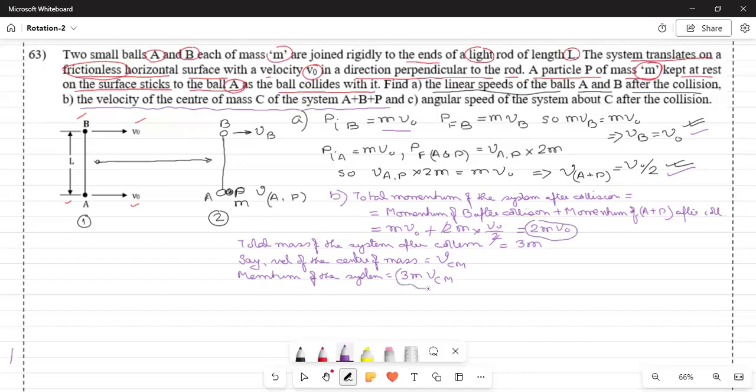On the other hand, we found it is equal to 3m Vcm. So we can write 3m Vcm is equal to 2m V0. This m gets cancelled. So the velocity of the center of mass is equal to 2 by 3 V0.